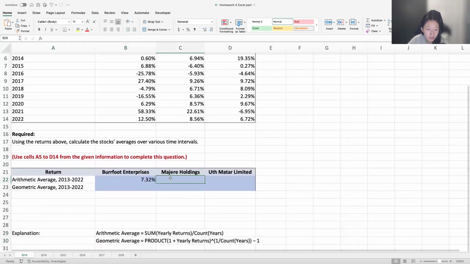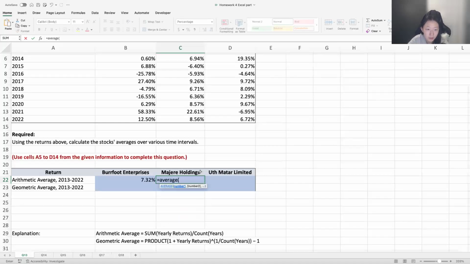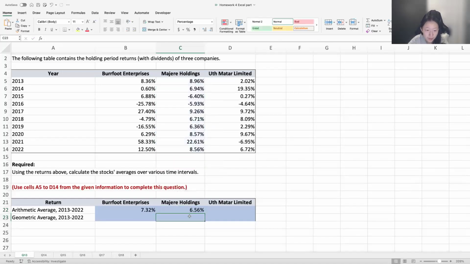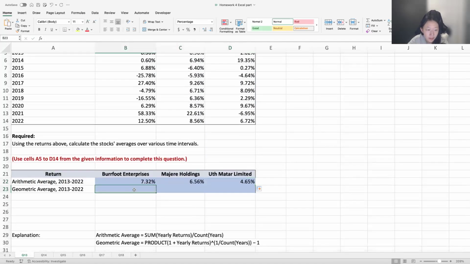And next is average. I'm using average, which is the same as taking the sum and divided by the number. So average function. And I can probably drag it, calculating the average of the third firm. Next is the geometric average.